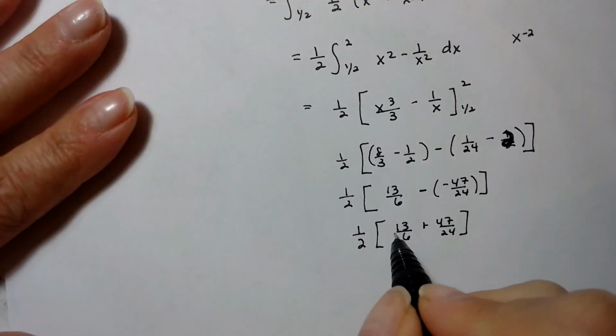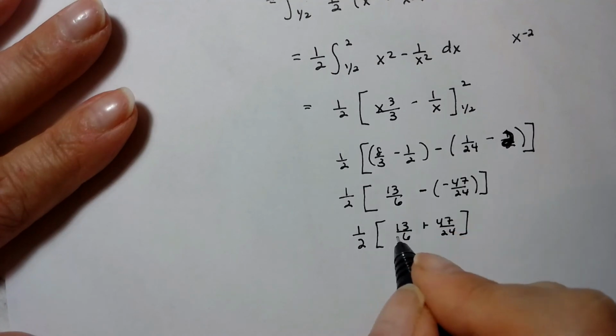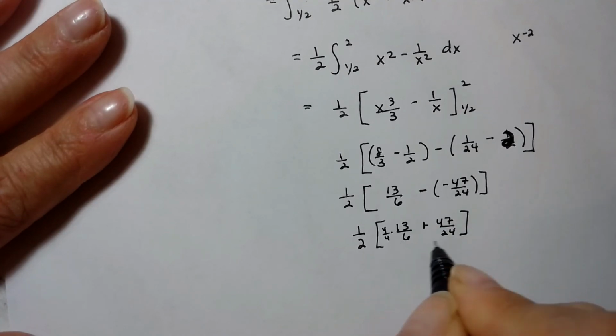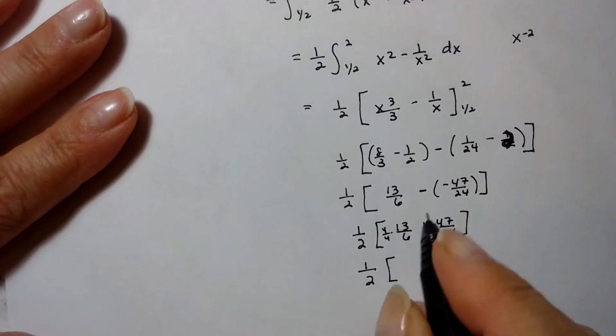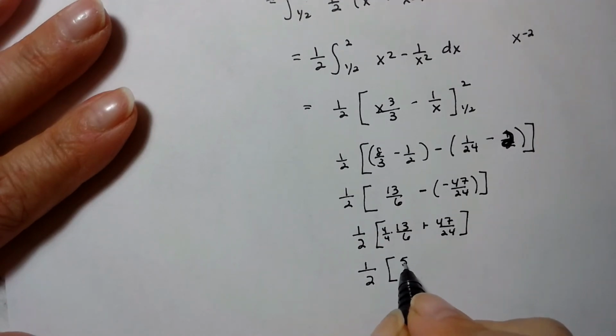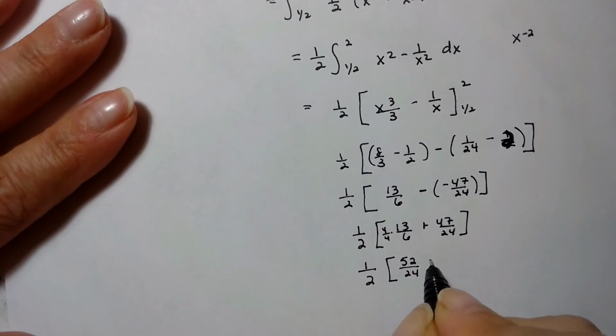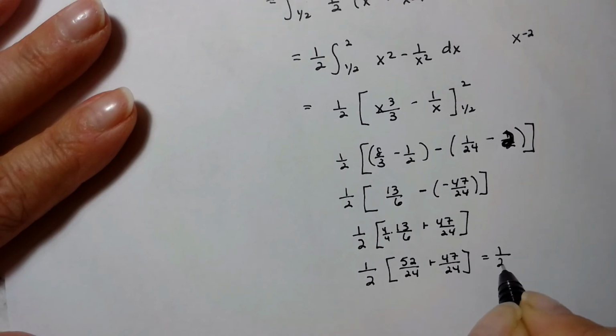And if I multiply this fraction here by 4 over 4 to get my denominators the same, I'm going to have 1/2. 13 times 4 is 52 over 24, plus 47 over 24. And that's going to give me 1/2.